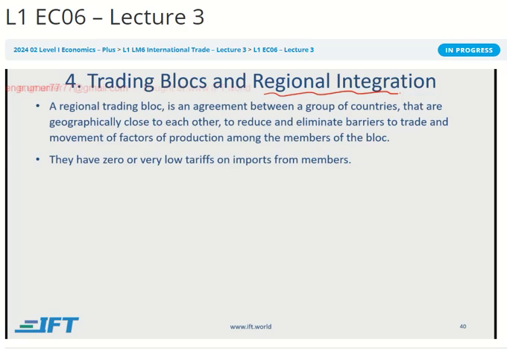So this is the positive side of things: how you can develop a regional trading bloc between a group of countries that are close to each other geographically, and eliminate or at least reduce the barriers to trade between those countries, maybe even have free movement of other factors of production such as capital and labor. And this will obviously move towards zero or low tariffs between members.